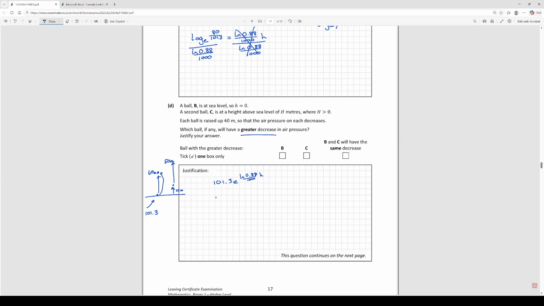If I want to differentiate that, it follows this rule, because a is the whole fraction, which is just a constant. X is the h. So it ends up being 101.3 multiplied by ln of 0.88 over 1,000 e to the ln 0.88 over 1,000 h.